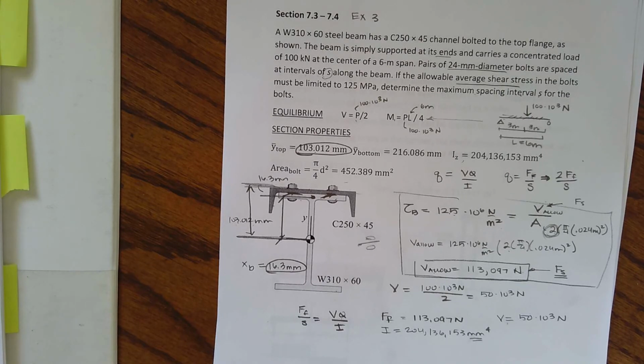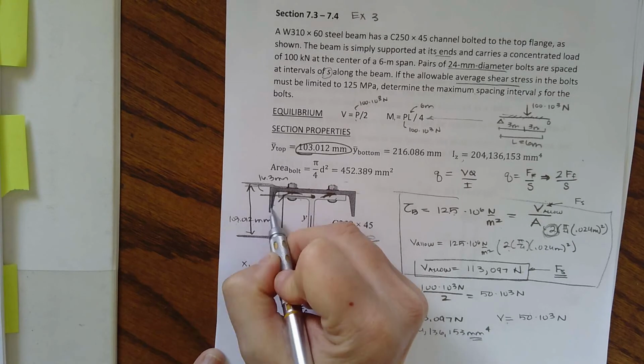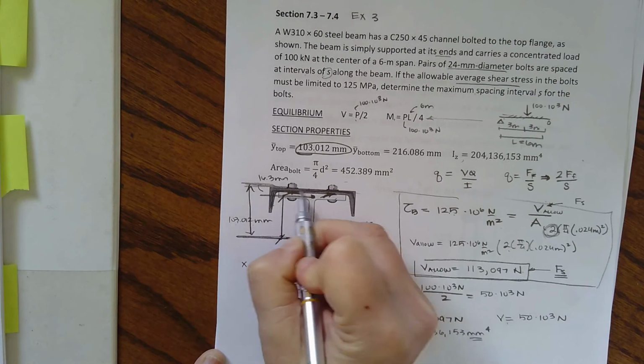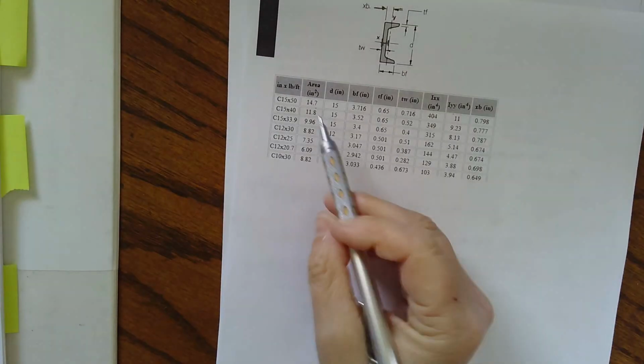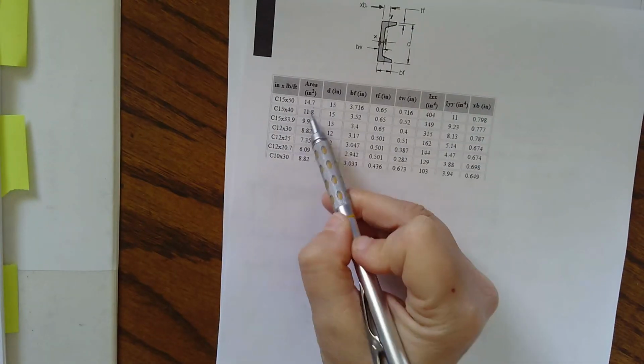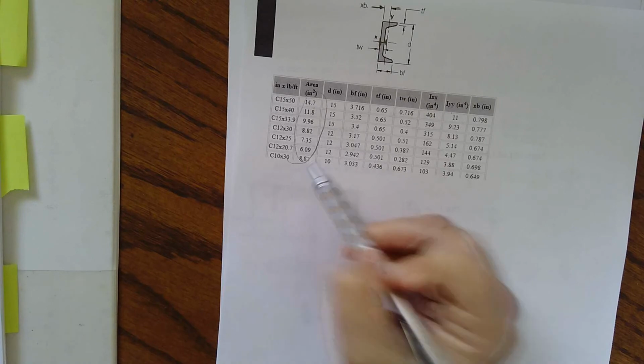And when I'm looking at Q, then it is the area that I'm holding on, times its moment arm. So again, this is a different table, but I can actually get the cross-sectional area from a steel table.